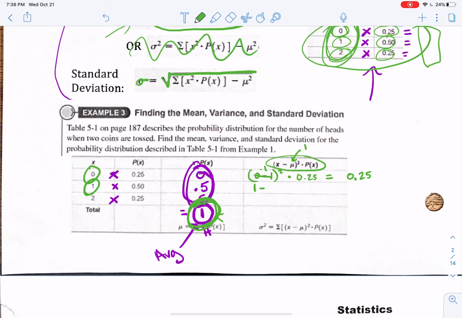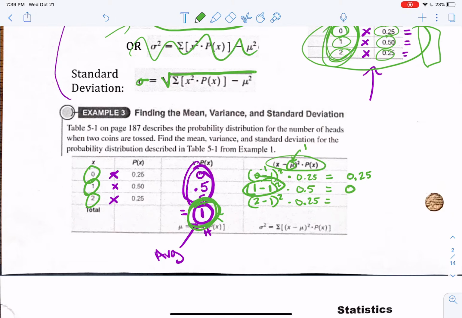Next, we have 1. The average is still 1. So 1 minus 1 squared times 0.5. And then the third one is 2 minus 1 squared times 0.25. For 1 minus 1 squared, that gives me 0, so 0 times 0.5 is just 0 for that middle piece.